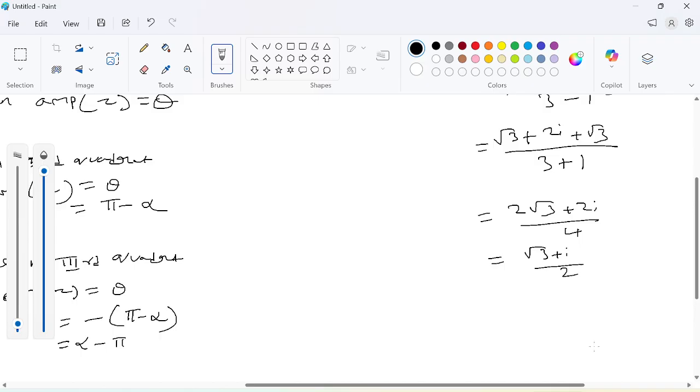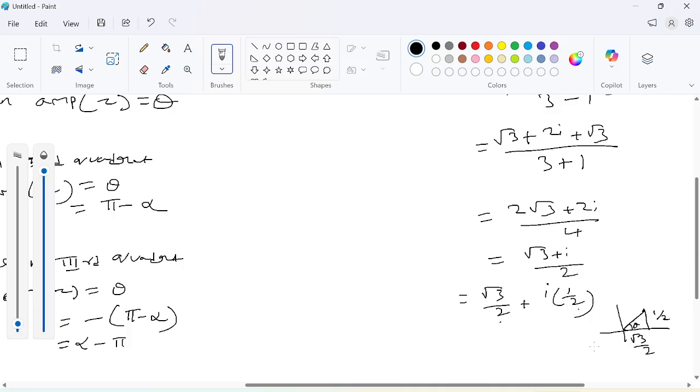Now root 3 plus i by 2 I can write as root 3 by 2 plus i into 1 by 2. If I take a complex number here, this is your real part and this is your imaginary part. Both lie in the first quadrant, right? Now if I draw a line like this, this will be root 3 by 2 and this will be 1 by 2, because this is your y coordinate and this is your x coordinate.